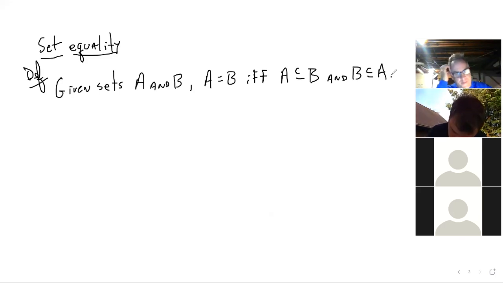The only way that could happen is if they're subsets of one another. Then they have not only the same number of elements, but they're exactly the same elements, element for element. So that's our formal definition of set equality.